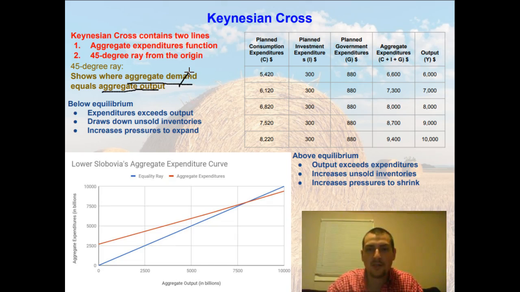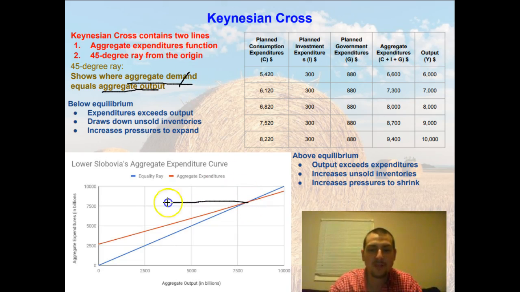So that blue line, that 45-degree ray, shows all the different possibilities where this nation could be in equilibrium. But the nation is in equilibrium where that red line crosses that blue line, where that aggregate expenditures function crosses this 45-degree ray. That's going to show us where that nation is truly in that product market equilibrium.